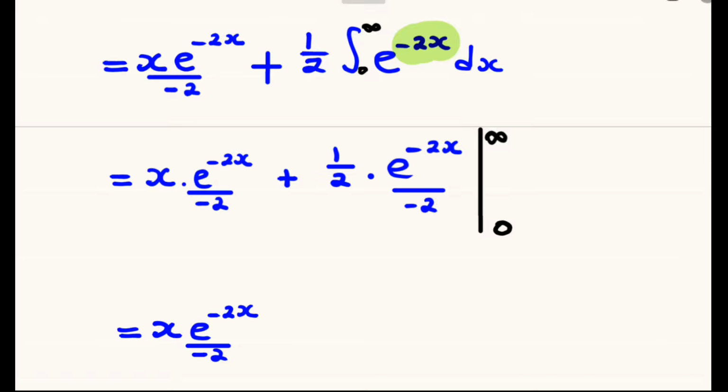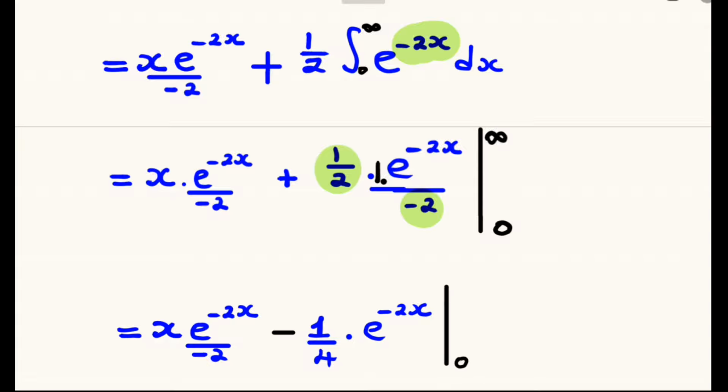We have half multiplied by 1 divided by negative 2. So half multiplied by negative half will be equal to negative 1 divided by 4 multiplied by e raised to the power negative 2x, with our limit from 0 to infinity.